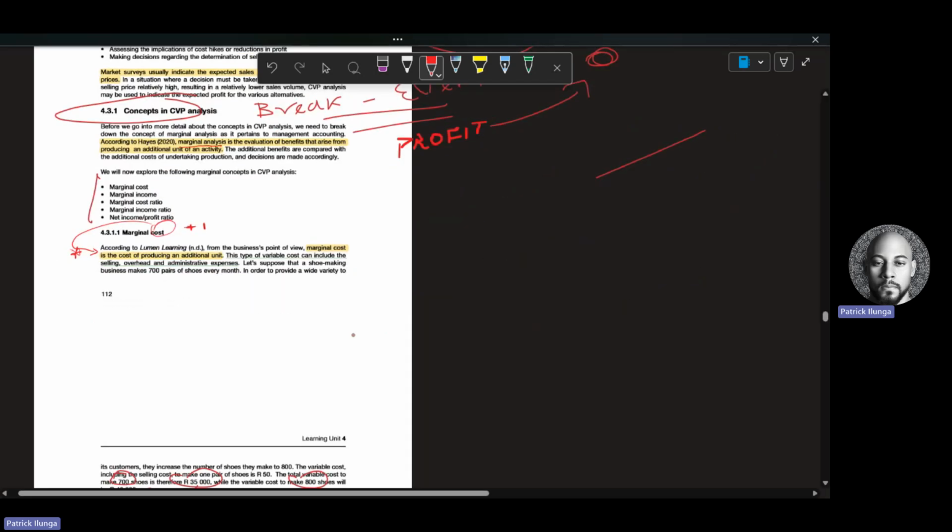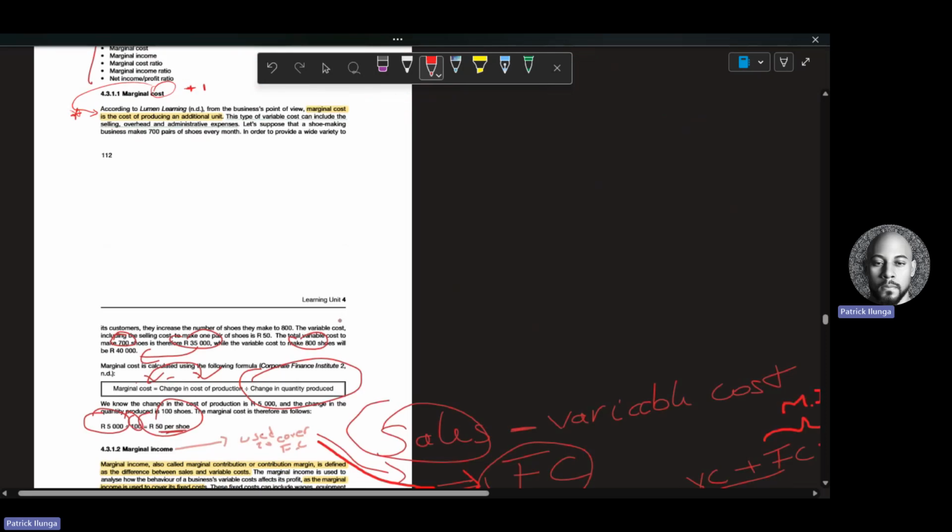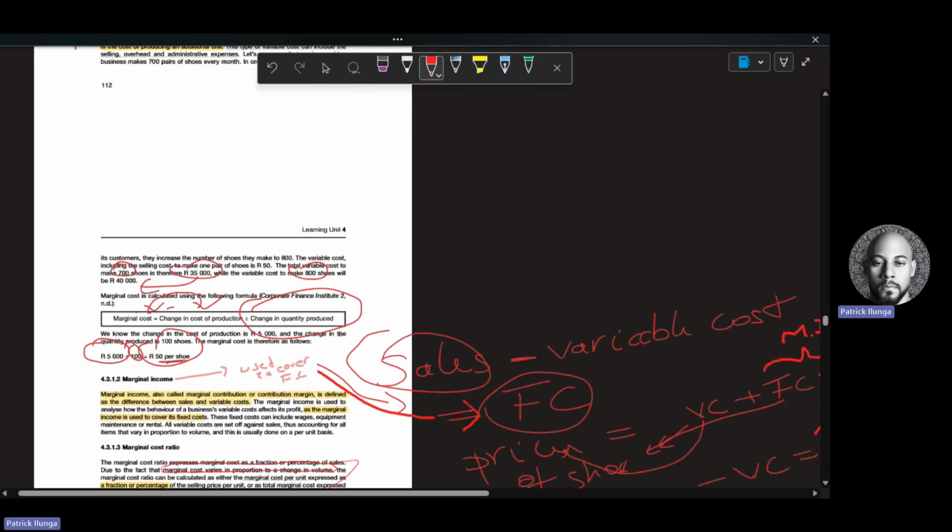This is quite important. It will most definitely come in your test, in your task 2, as well as in your final written exam. And I've seen many students, unfortunately, because of the lack of preparation, struggle with these questions that are very, very easy.